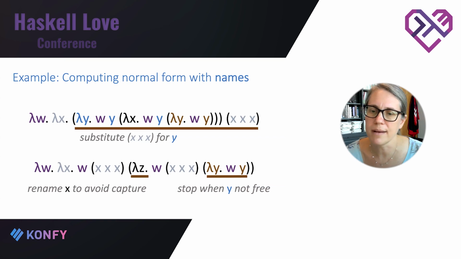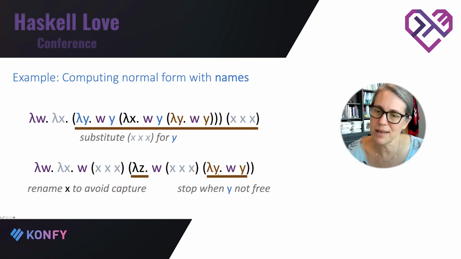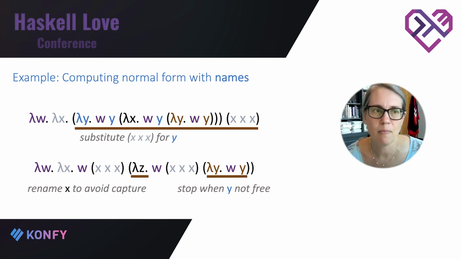We got to a point in the term where there were no more free y's, and we knew that because we had a binder for y, and so we could, if we wanted to, stop our substitution right at this point. We know we don't have to go any further. Okay, so that's an example of substitution with names.